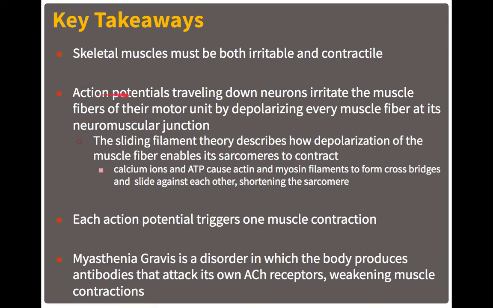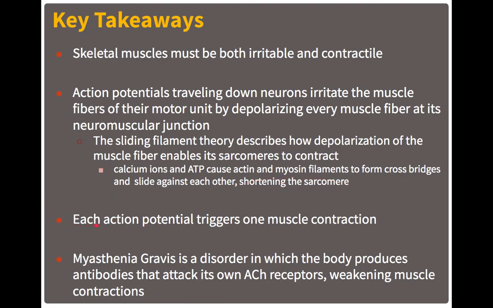Second, action potentials traveling down neurons irritate the muscle fibers of the motor unit for that neuron by depolarizing every muscle fiber at its neuromuscular junction. So how does it do that? Well, that's described by the sliding filament theory, which describes how basically calcium ions and ATP can cause actin and myosin filaments to form cross bridges or connections with each other, which means they slide against each other and shorten the sarcomere.